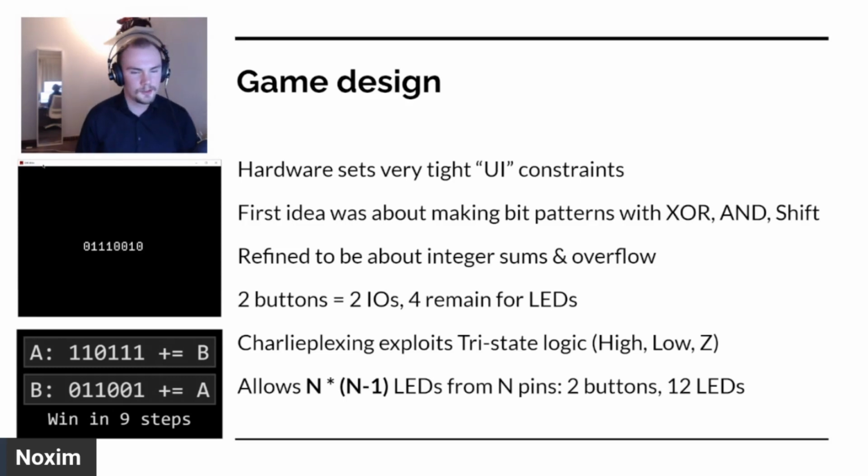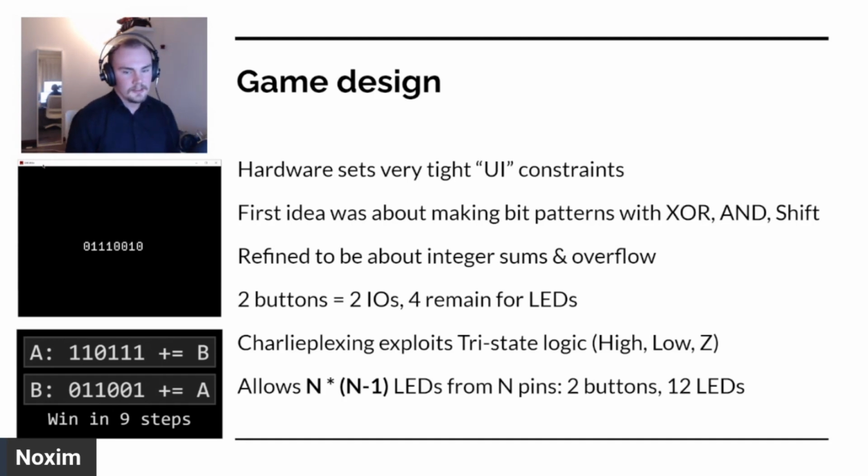It didn't work super well, but after some iteration, I came up with a game about having 2 6-bit integers, and then you keep adding them to each other until you get them all to be all ones. And that actually ended up being pretty okay. I liked it. That sort of game requires 2 button inputs, so that uses 2 of our 6 pins, leaves 4 for our LEDs.